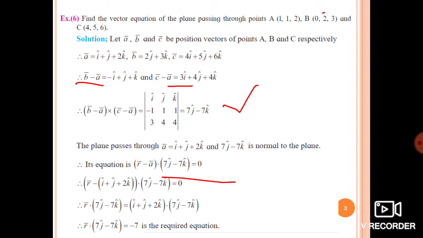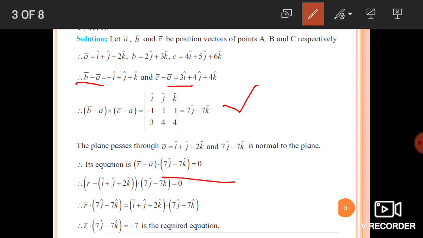Therefore its equation is (r bar - a bar) dot (7j - 7k) equal to 0. Therefore (r bar - (i + j + 2k)) dot (7j - 7k) equal to 0. Now simplifying, we will get r bar dot (7j - 7k) equal to -7. This is the required equation.